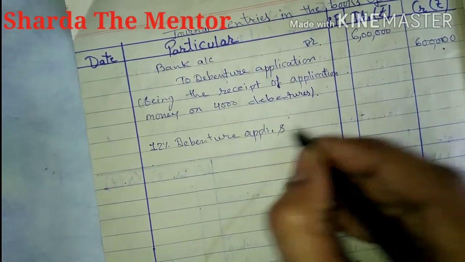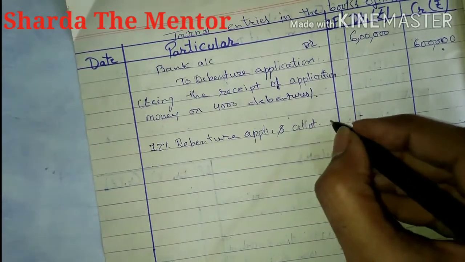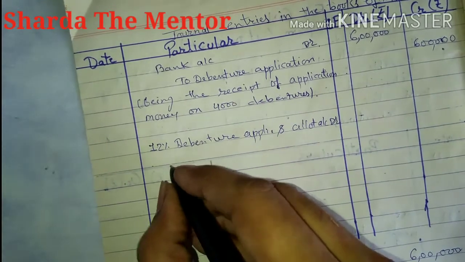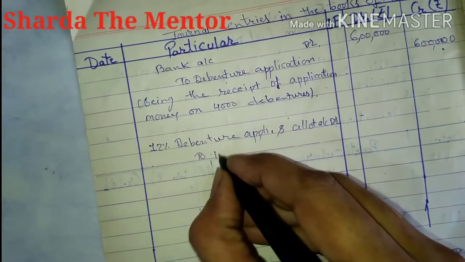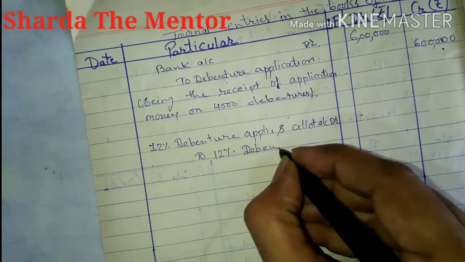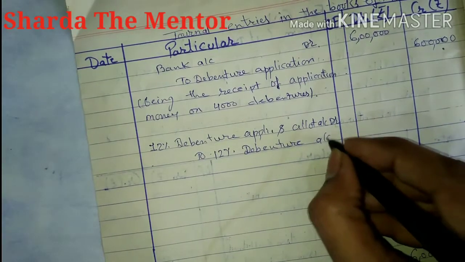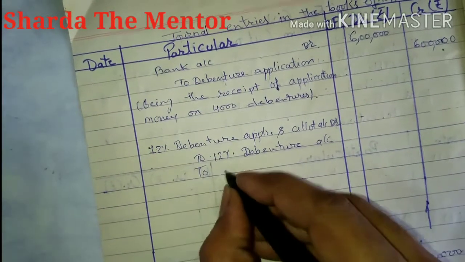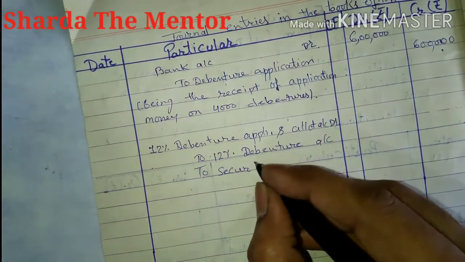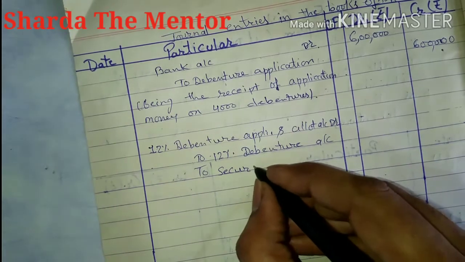Then we have to transfer that amount to the 12% debenture account. Now securities premium is considered a profit for the company, or we can say it is a liability for the company, so that will be credited.